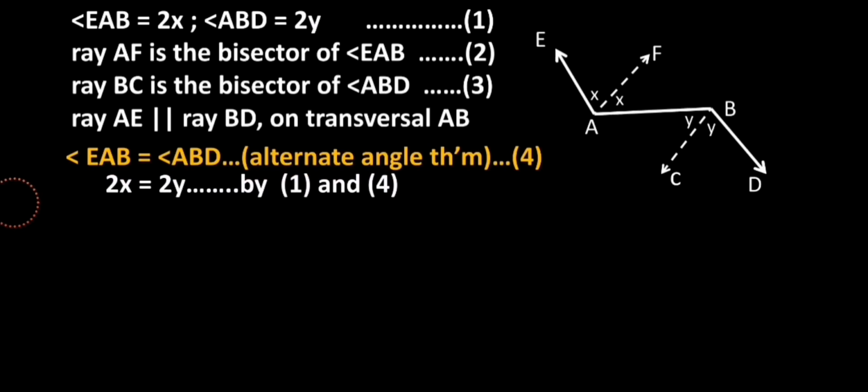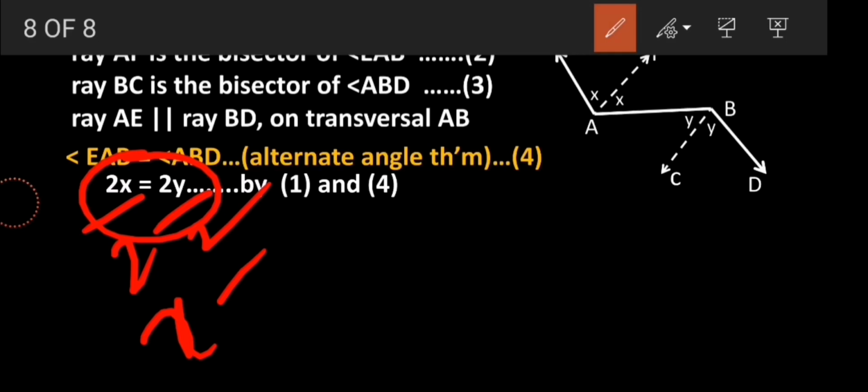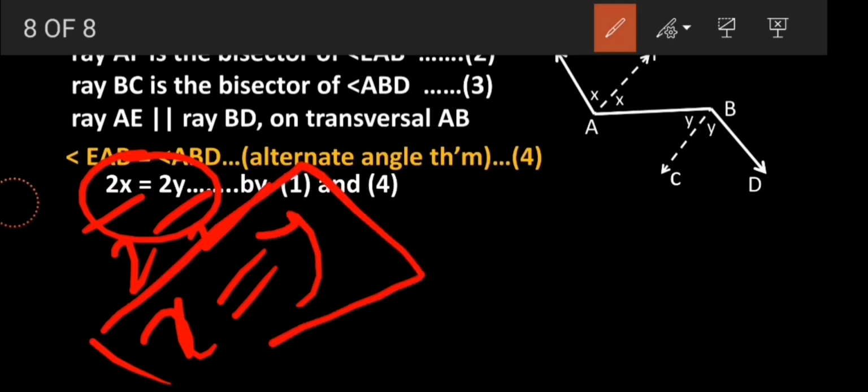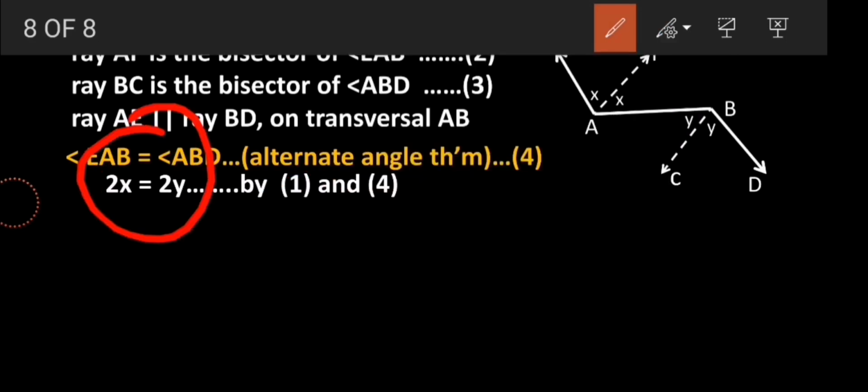As we have 2 on both sides over here, I can divide both sides by 2, and I will be left with only x and y, and this is what I wanted to prove. Dividing 2x and 2y by 2, I will be left with x equal to y, and that will solve my problem, because that was my target.